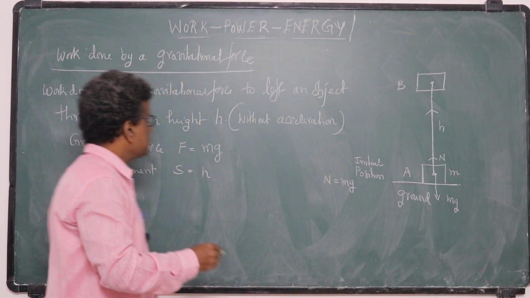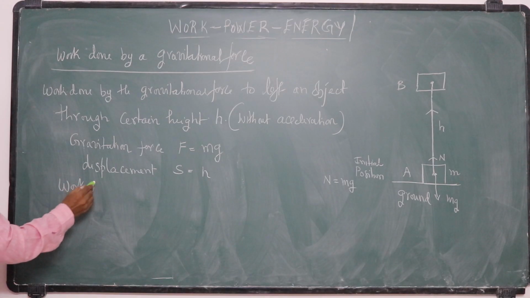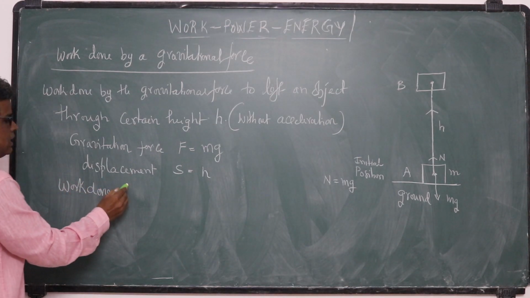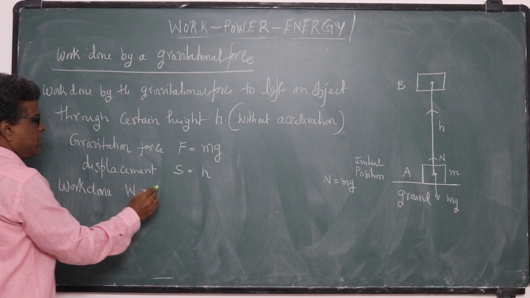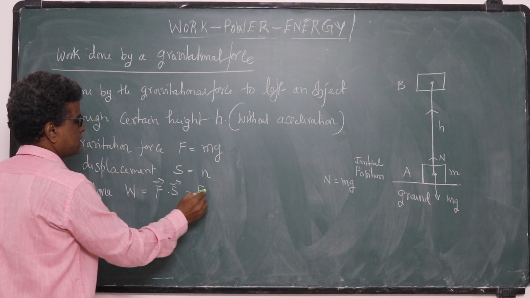So how much work is done by the gravitational force? Work done is equal to F bar dot S bar, that is Fs cos theta.